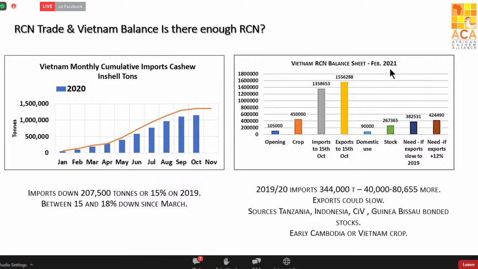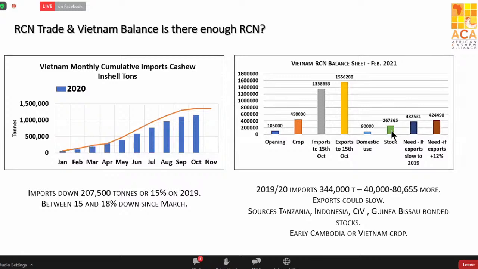And I've taken it out to February 2021, because obviously cashew kernels that are exported in January or February come from current crop imports or from stock and not from new crops in Cambodia or Vietnam. So if we look at the situation, we look at a remarkable export figure, as we've talked about.